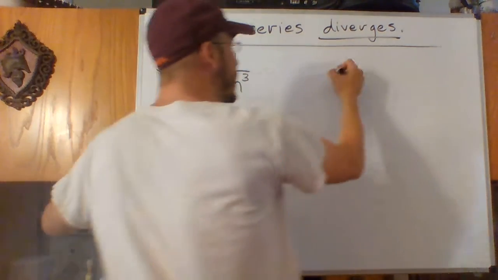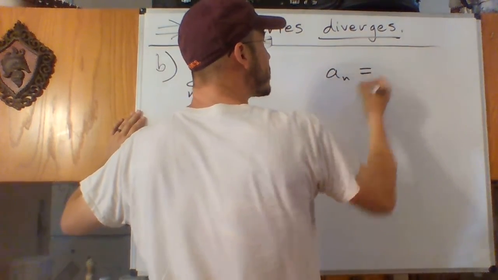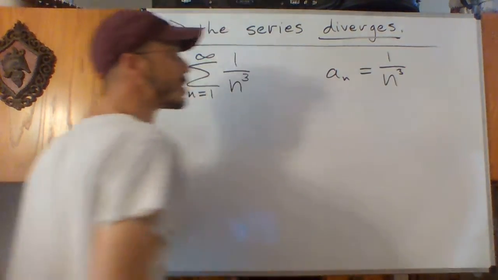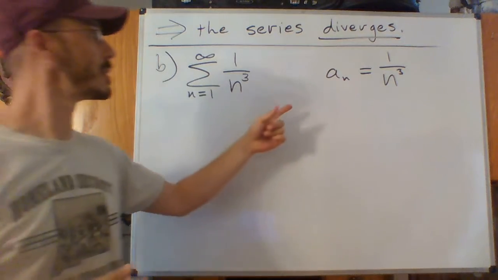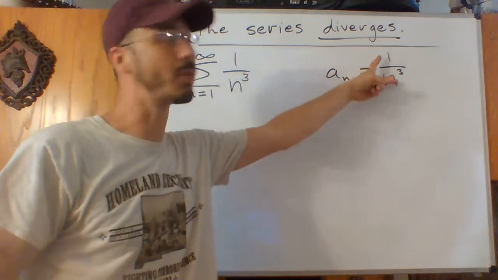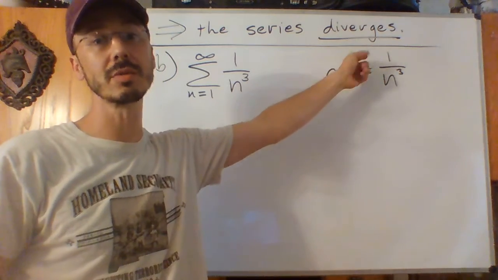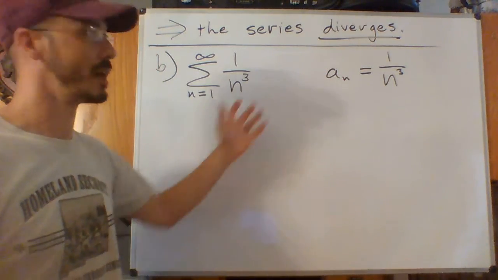And so my terms are 1 over n to the third. You could list those out: for n equals 1, it's 1 over 1 cubed, which is 1. For n equals 2, it's 1 over 2 cubed, which is 1/8, and so on.